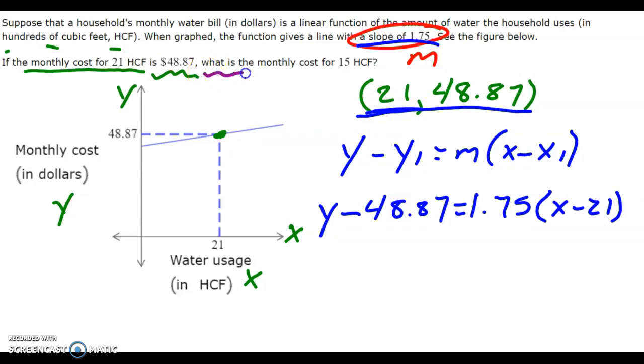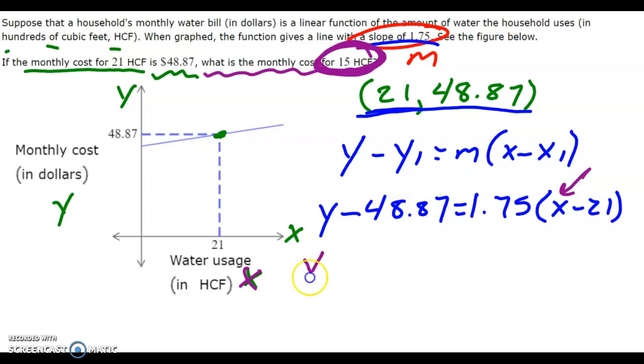They're not just asking for the equation though. They want to now use that equation to find out the monthly cost of 15 hundreds of cubic feet. So remember, your HCF is your x value. So that 15, they want to figure out the cost of 15 HCF. That's going to be plugged in for your x.